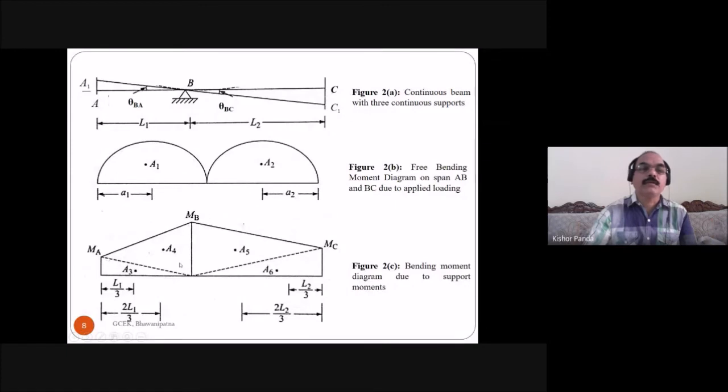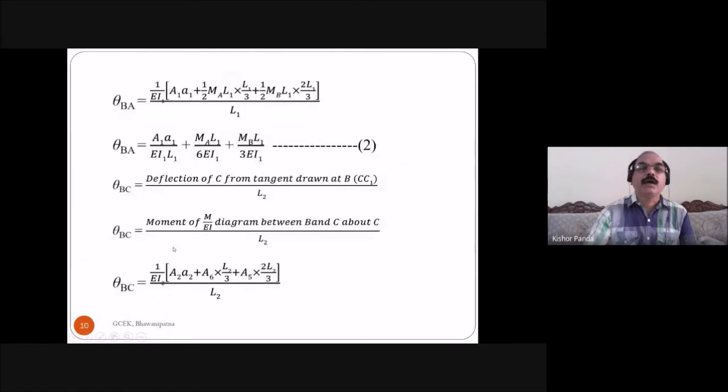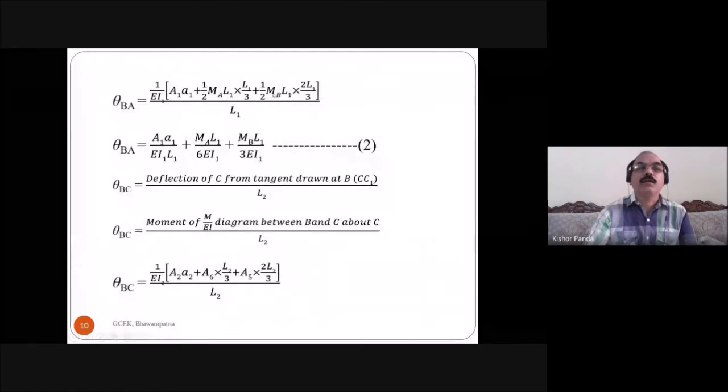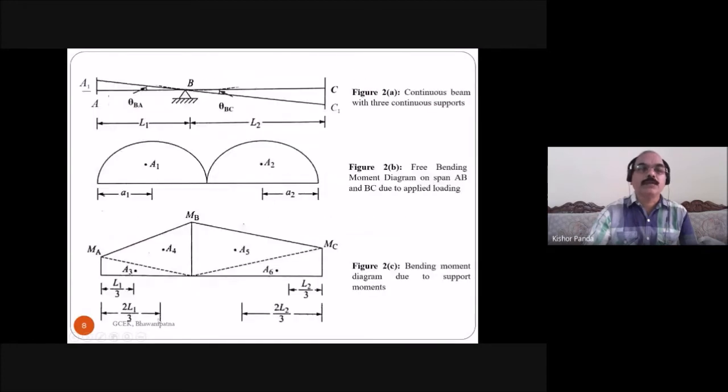What is the area of this triangle? This is half into MB into L1. Half into MB into L1 into 2L1 by 3. The centroidal distance is 2L1 by 3, and the area is half MB into L1.